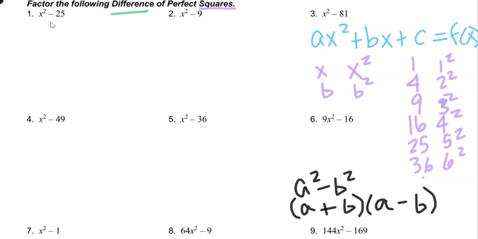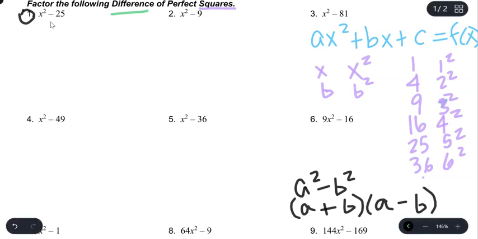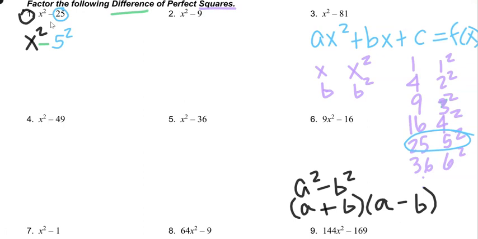Well, let's look at number 1. Let's take a look here at this guy. Well, I have x squared. That itself is a perfect square. I have my required difference. So the question is, is 25 a perfect square? And actually, it is. I can rewrite this as x squared minus 5 squared, and I have two perfect squares.